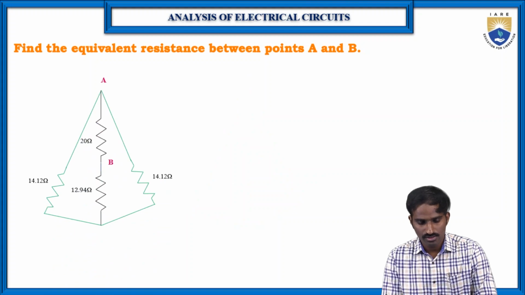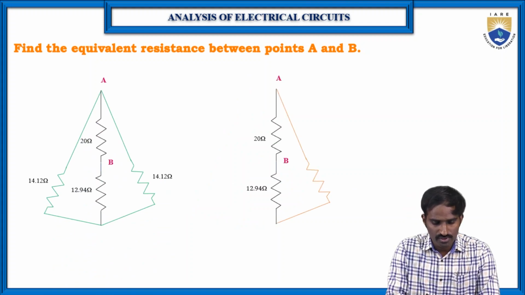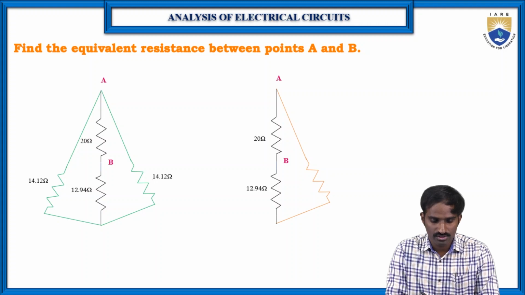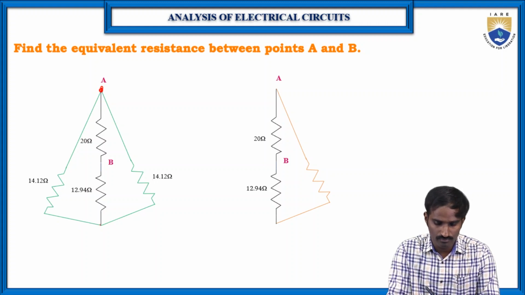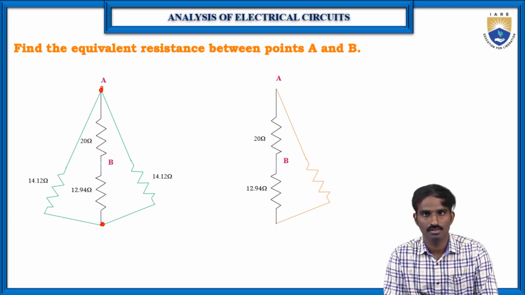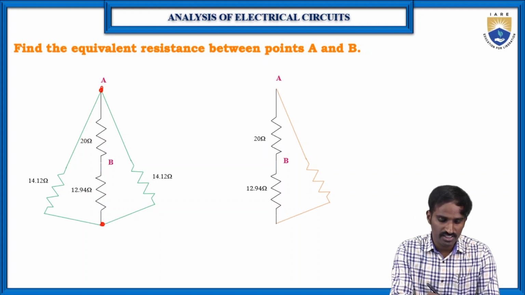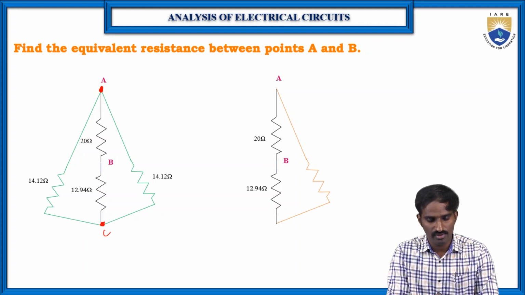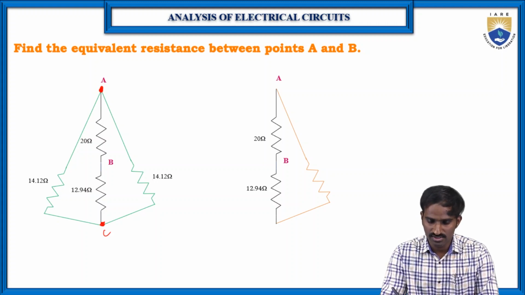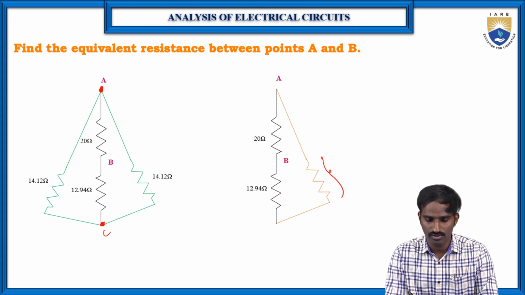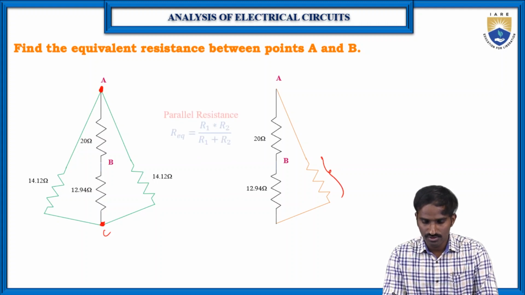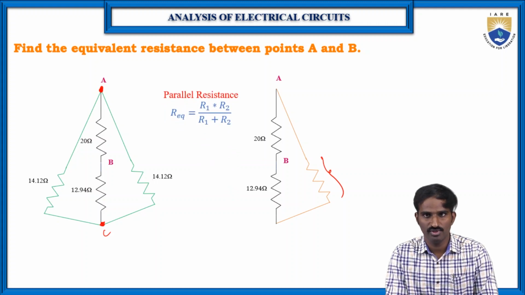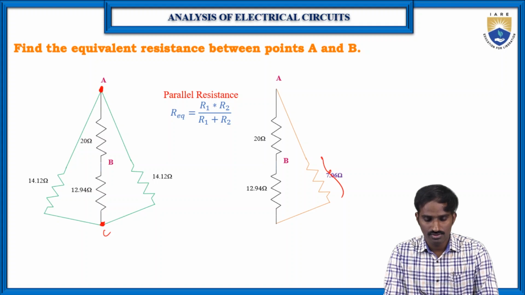As you can see, these two resistors have two common nodes, because 14.12 is connected in between A and B, and 14.12 is also connected in between, let us consider this is C, A and C. So if you simplify these in between A and C, this is that resistance, because this 20 and 12.4 is as it is. Just replace that resistance value by R1 R2 by R1 plus R2, because these two are in parallel. So the equivalent resistance is 7.06.